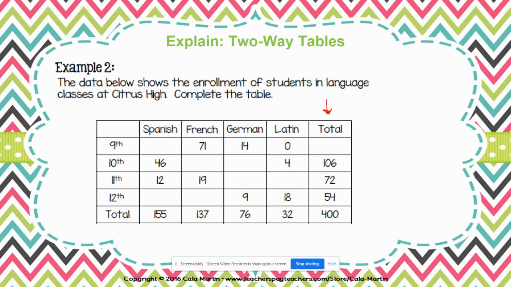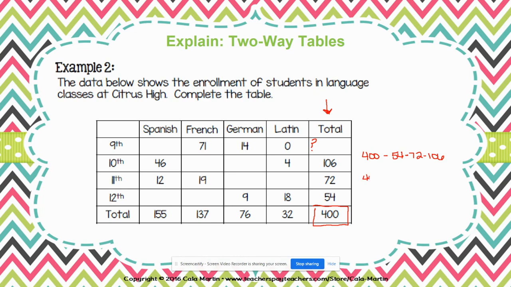What I know is that there are 106 total students in 10th grade, 72 total in 11th, and 54 total in 12th. What I don't know is how many are in 9th. I also know that there are 400 total students enrolled in language classes. So to figure out this part, I'm going to do 400 minus 54, 72, and 106.